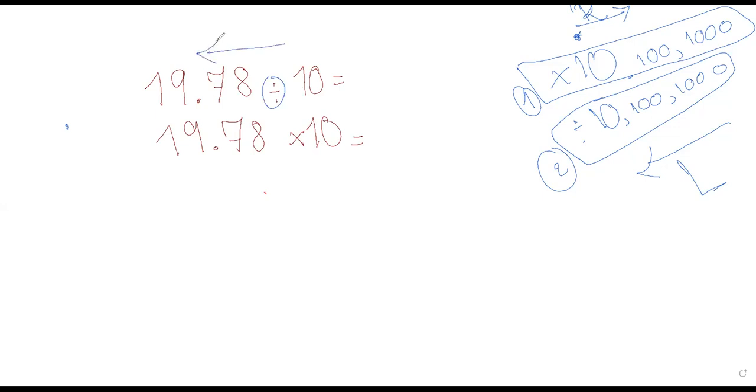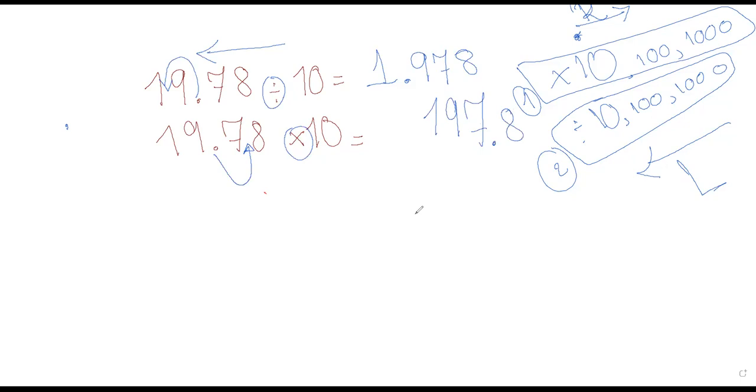Move it to the left side, backward. How many digits? One digit. So the answer will be 1.978. Exactly. If we are multiplying by 10, to which side will we move the point? Right side, one digit. So 197.8. That's it. This is the difference between both.